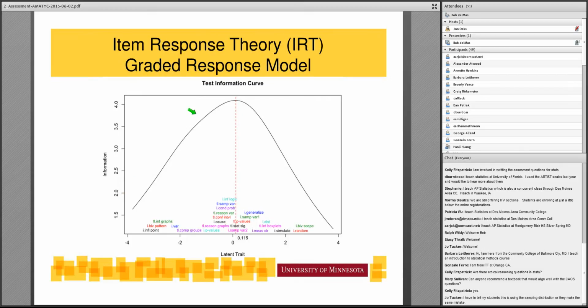The test does a better job at measuring understanding from about 2 standard deviations below to 2 standard deviations above. You can really think about that as, at 2 standard deviations above, we expect 80-some percent of the students to be at that point or below, so somewhere around the 80-something percentile. I'm not going to try to do that in my head right away. Around the 84th percentile, is that right?